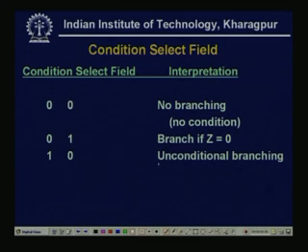So, there are 3 situations. 1 0 means unconditional branching, no condition to be checked, so always it will be a branch. 0 1 means a condition is there, that means branch if Z equal to 0, this type of condition to be checked. 0 0 means no branching, it is sequential, it will not jump anywhere.